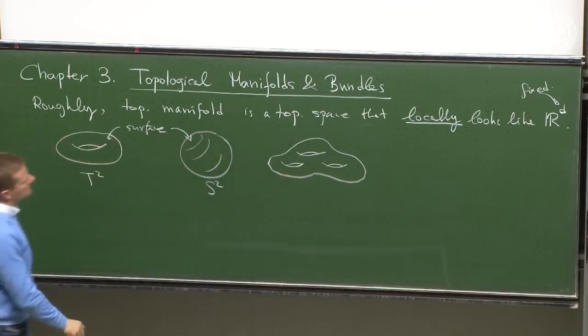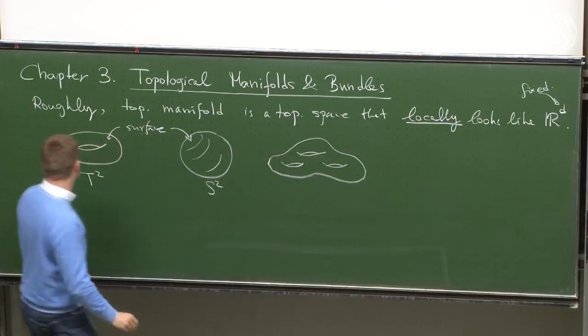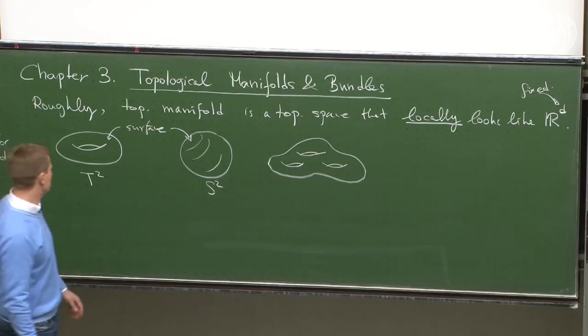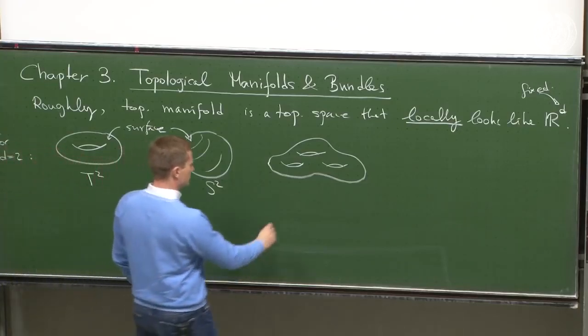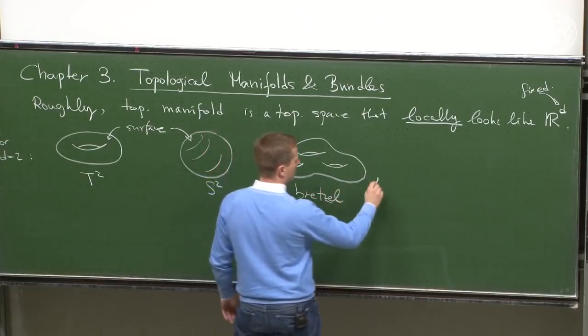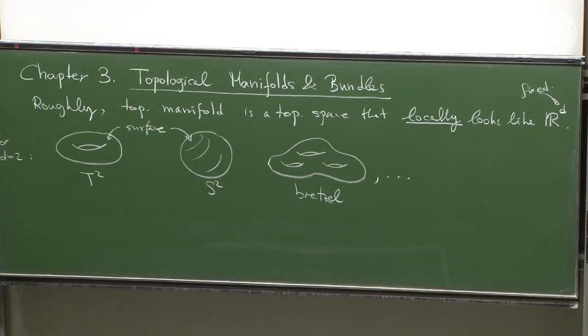This guy is a topological manifold, again for d equals 2. So obviously, it's particularly easy to draw examples for d equals 2. So T2, S2. So this is the bretzel, and so on, and of course also for higher d.